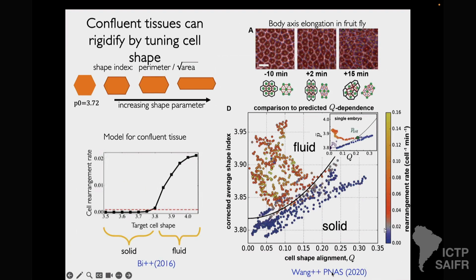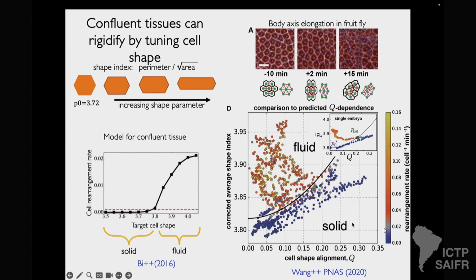This shape alignment is basically a nematic order parameter, but with one little tweak: you have to also account for how elongated the cells are. So it's the nematic order parameter multiplied by the aspect ratio of the rod for different cells. Once you measure both of these, the theory predicts that there's a curve in this space which separates fluid-like behavior from solid-like behavior.